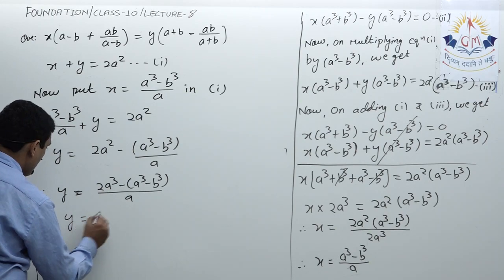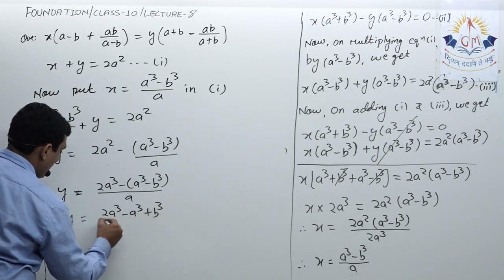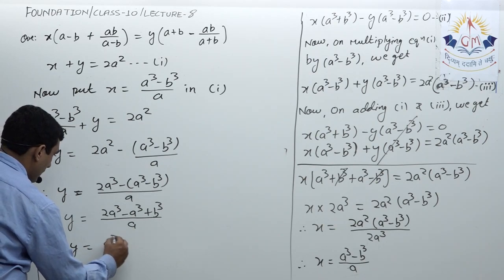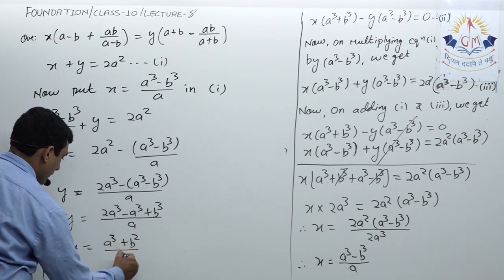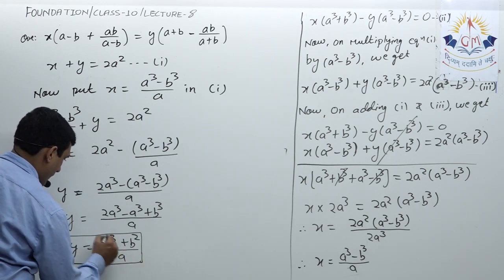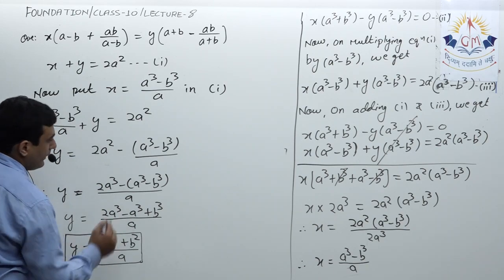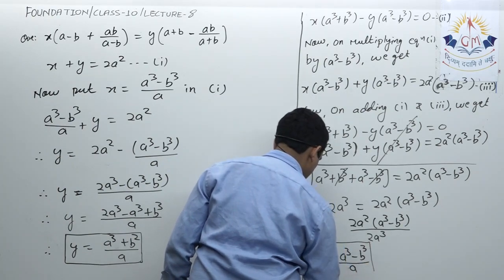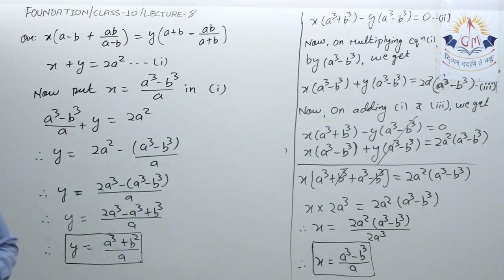Therefore y is equal to (2a³ − a³ + b³) upon a, and ultimately the value of y is (a³ + b³) upon a. Okay, so this is the value of y and this was the value of x. Please note it down, then we'll see the next question.